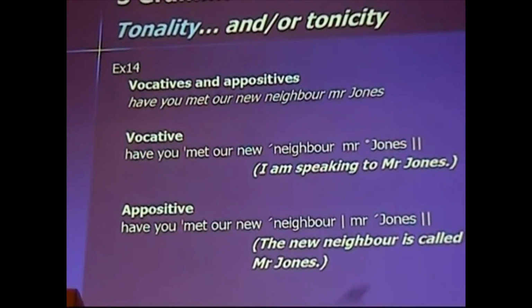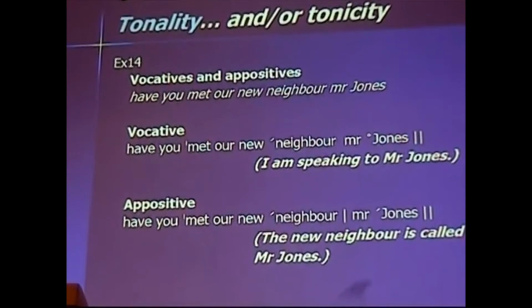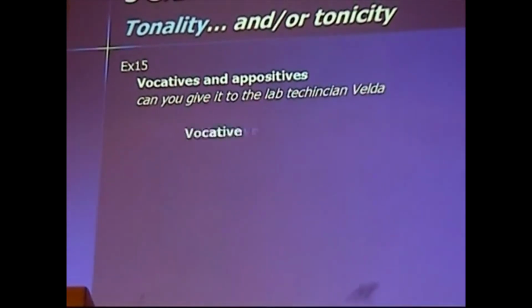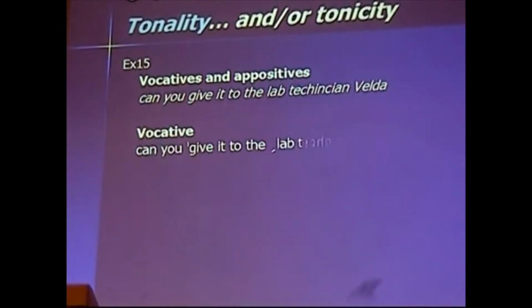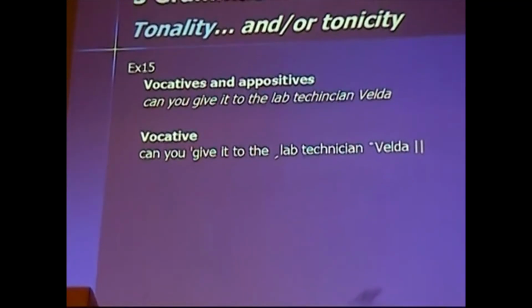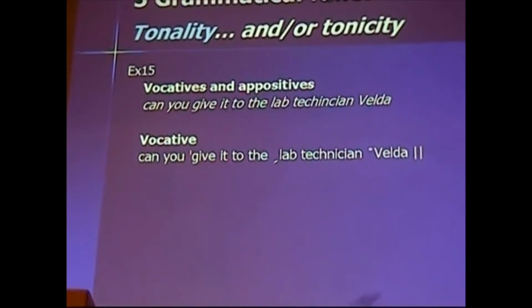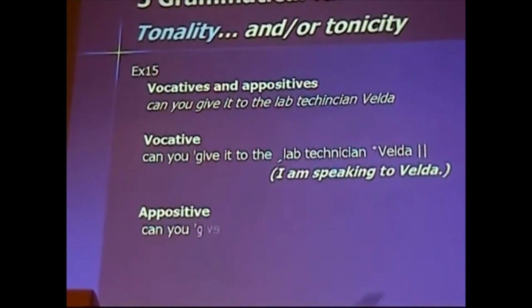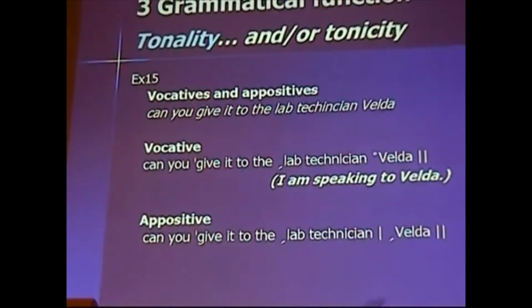I think we did one before with Lubinka, if that rings any bells, but I've got a different name coming up next. Example 15. In a vocative, can you give it to the lab technician, Velda? I'm asking Velda to hand it over. I'm speaking to Velda. But can you give it to the lab technician, Velda?